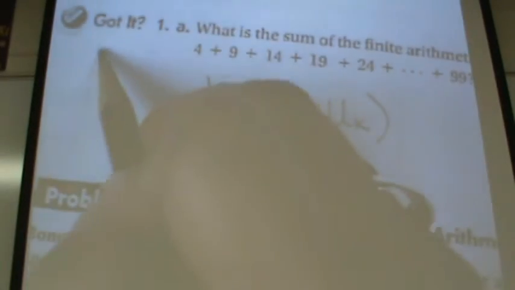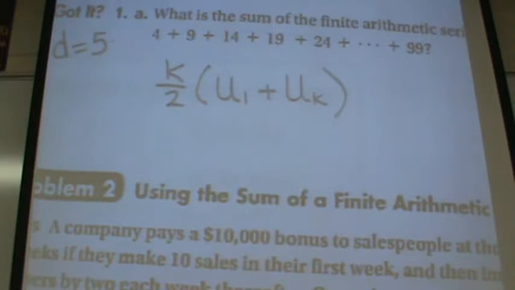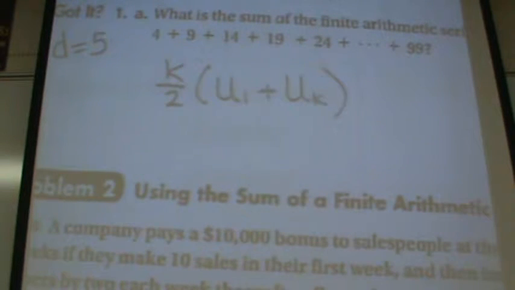You're adding 5, so d is 5. Out of these three variables, which do you know right away? We know the first term, and what else? The last term. We know we're adding 4 and 99 together.